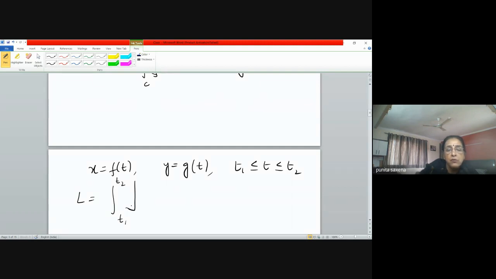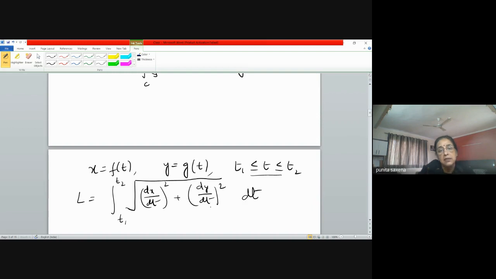One option is कि सिर्फ dy by dx ही निकाल लो and then you can do that, but then you will have to change the limits also in that case. Otherwise you can integrate with respect to t only, and it will be (dx by dt) whole square plus (dy by dt) whole square under the root of this and dt.